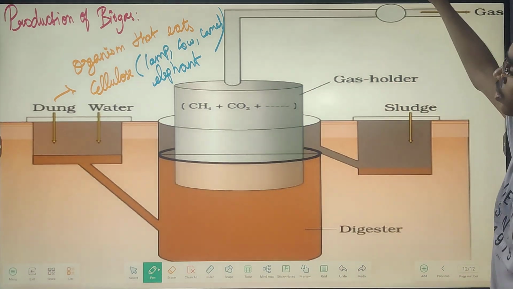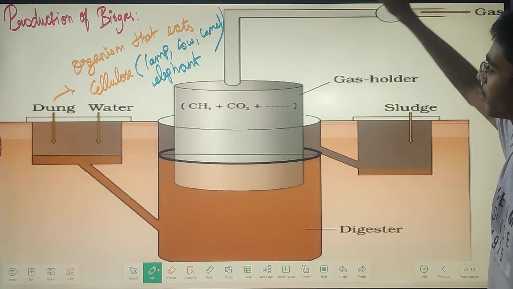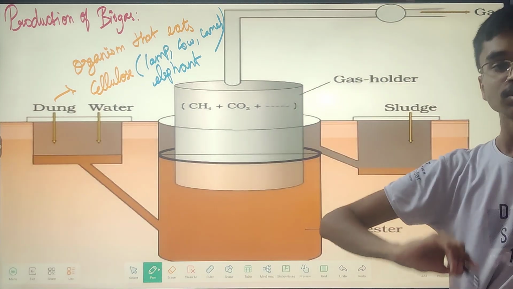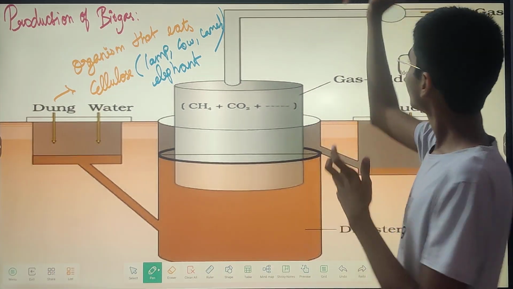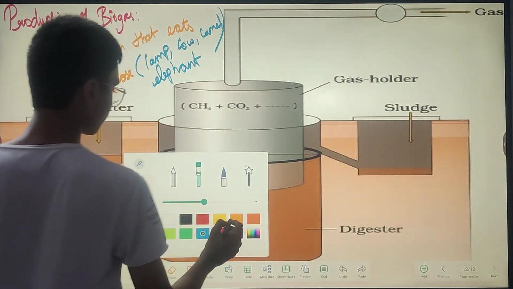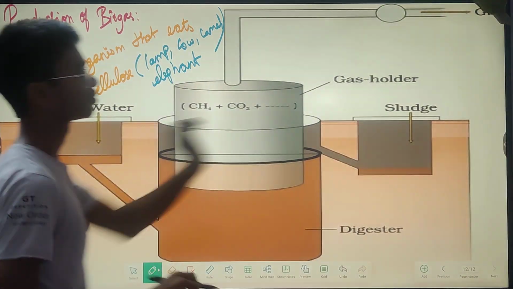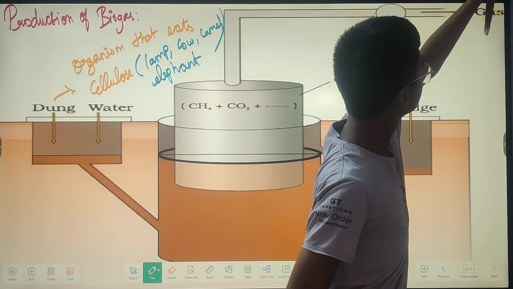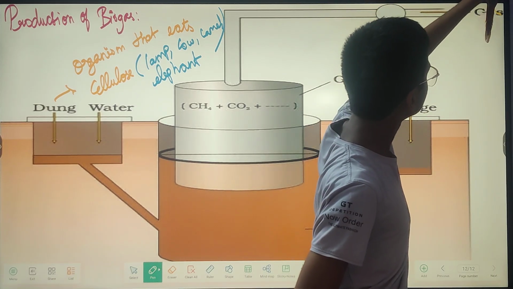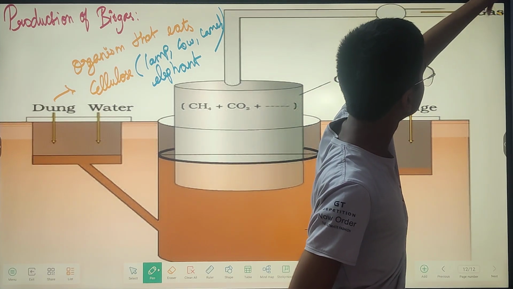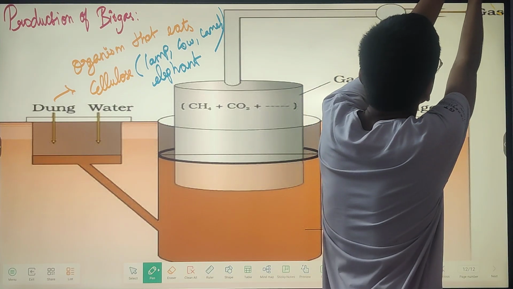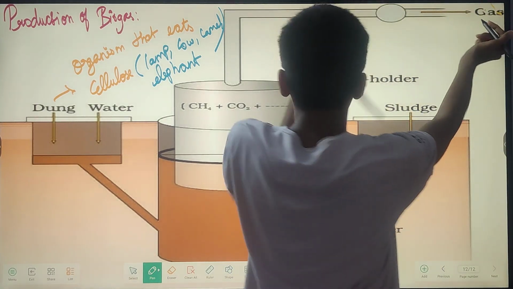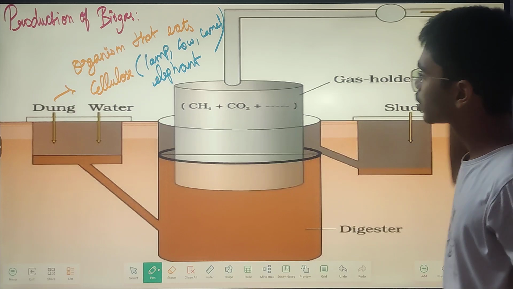So you are going to use the dung, and along with that dung, in their intestine or rumen, they will have methanogens.